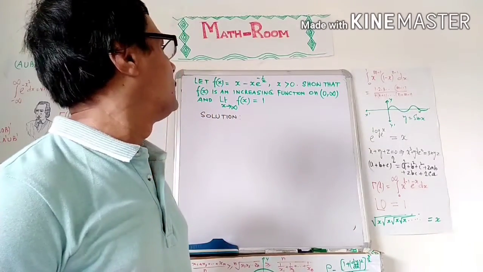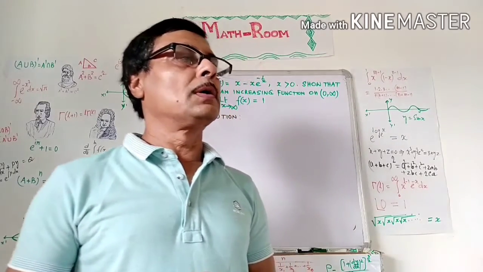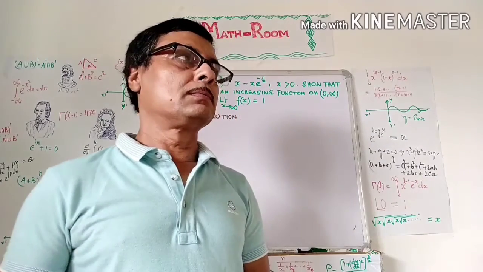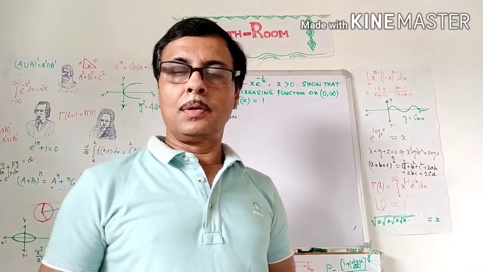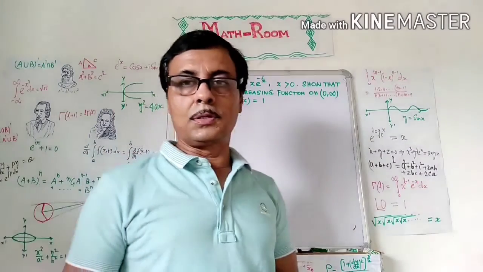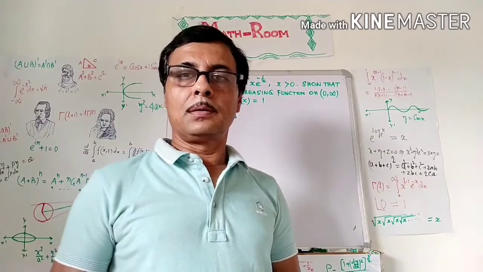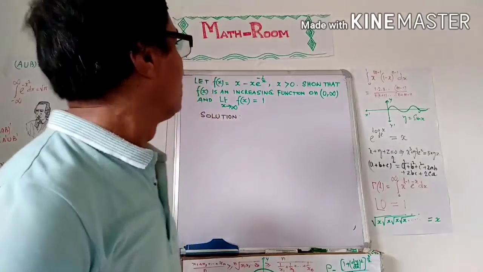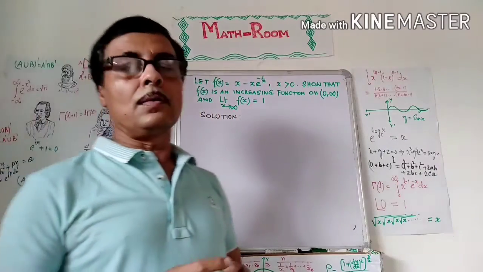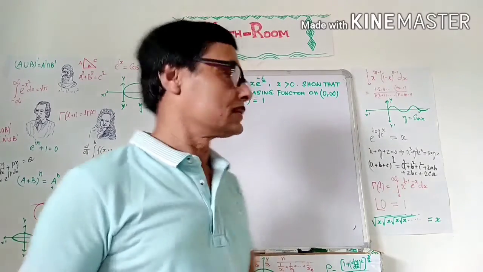So, to prove this function is increasing, we have to check the sign of the differentiation of f(x) with respect to x. If the sign is positive, then this function is obviously an increasing function.